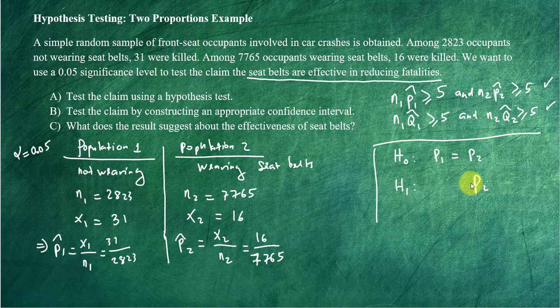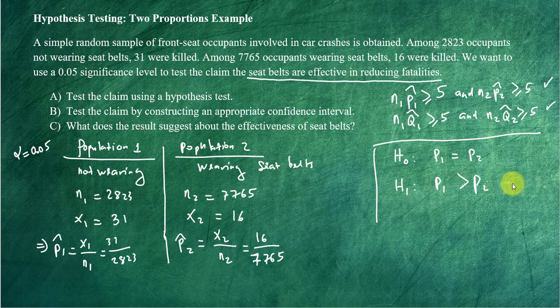That means we have a smaller rate of people that die from car accidents. So p2 should be less than p1, because p1 is the population proportion for the one not wearing the seat belt. We say the seat belt is very effective, which means the one wearing the seat belt, p2, should be less than the one that doesn't wear the seat belt. Because if you wear the seat belt, your death rate is smaller than the one that does not.